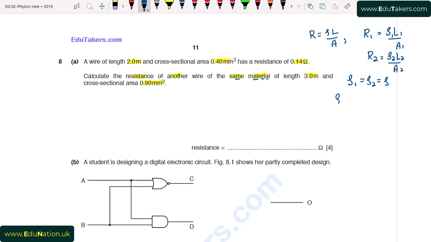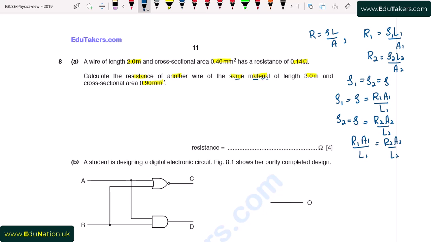So rho 1 will be equal to rho, it will be equal to R1 A1 over L1. From second equation rho 2 is equal to rho and it is equal to R2 A2 over L2. So when both of these resistivities are same, their right hand side also be same. I write here R1 A1 over L1 is equal to R2 A2 over L2.